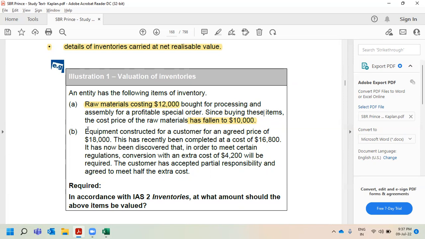Let's check a second example. For example, equipment constructed for a customer at an agreed price of 18,000.